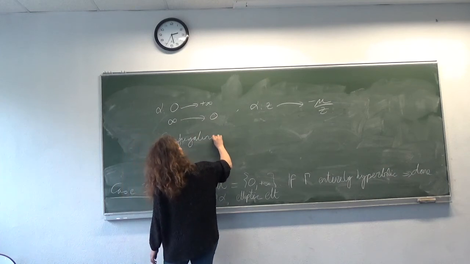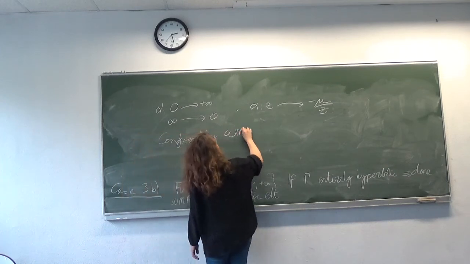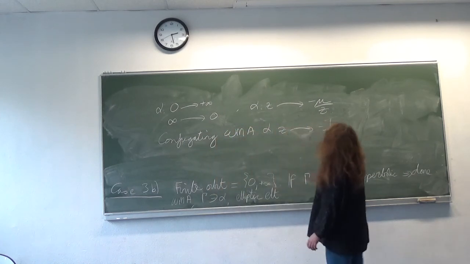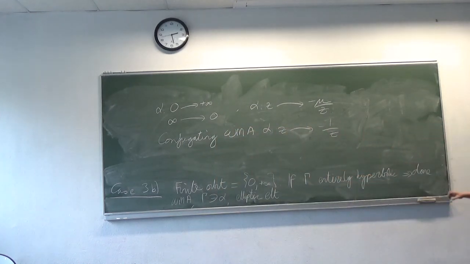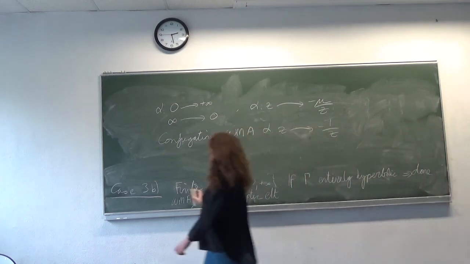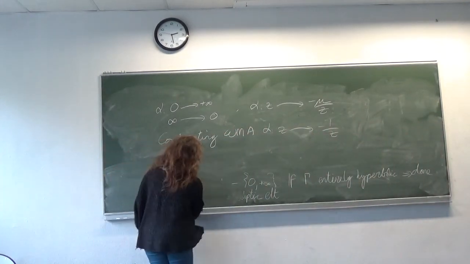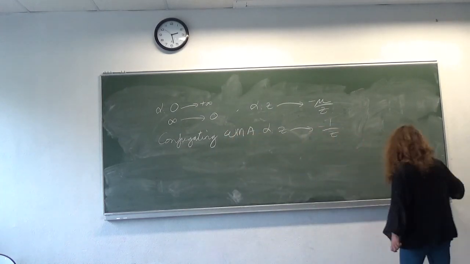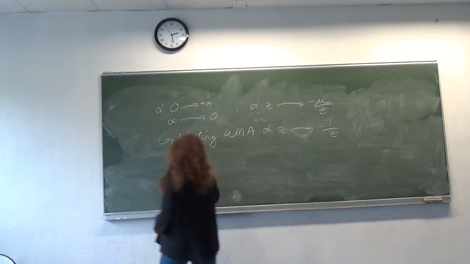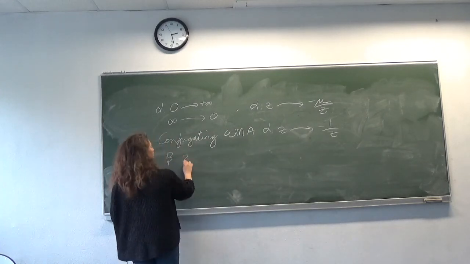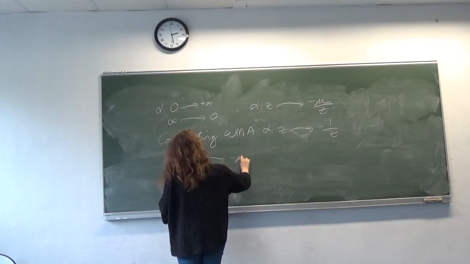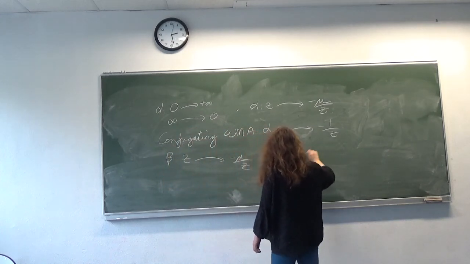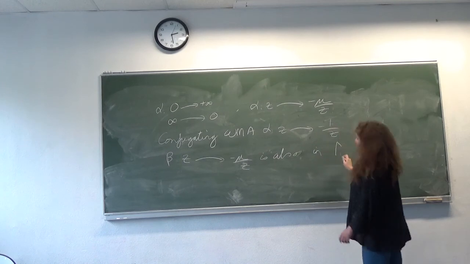and conjugating, we may assume that alpha takes z to minus 1 over z. Now, suppose that beta taking z to minus mu over z is also in gamma.